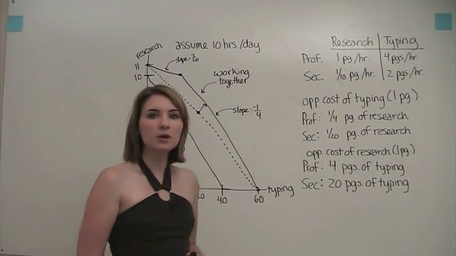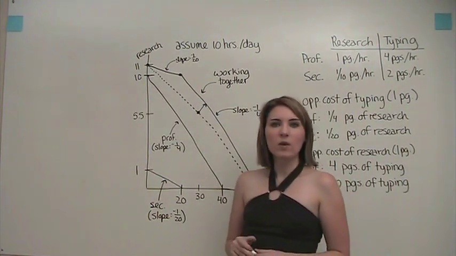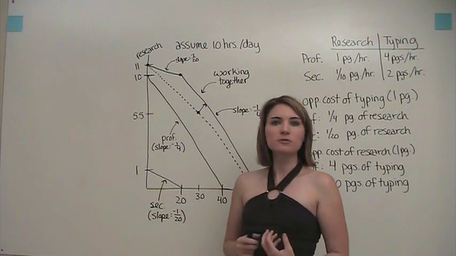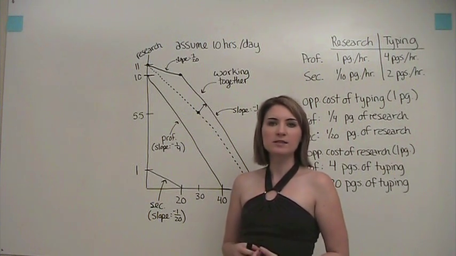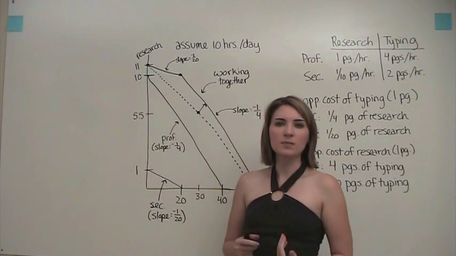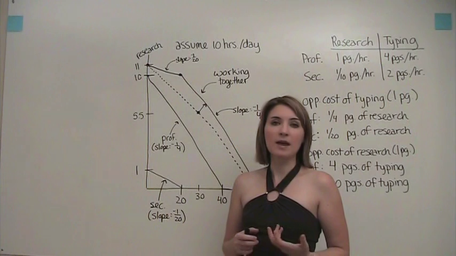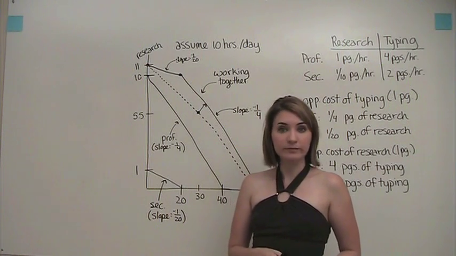Well, if you look at the graph, this dotted line represents the set of points where we don't have any sort of trade to be had. We just have the professor and the secretary independently moving along the spectrum of how many hours they spend doing research versus how many hours they spend typing.